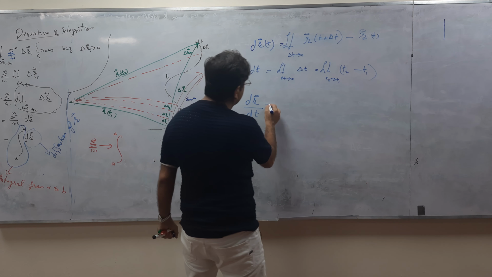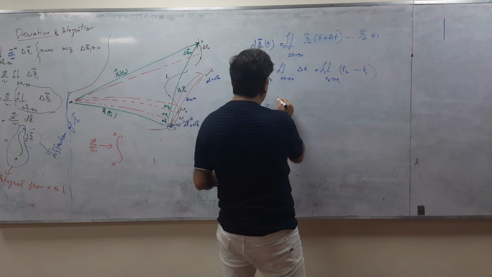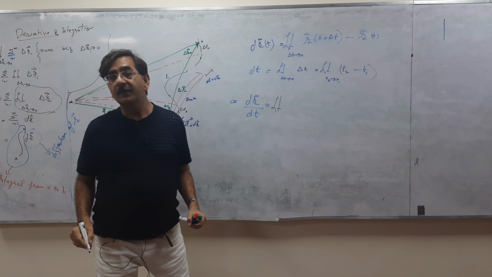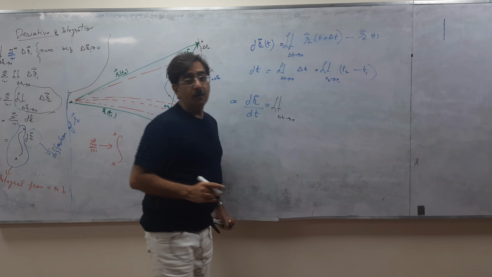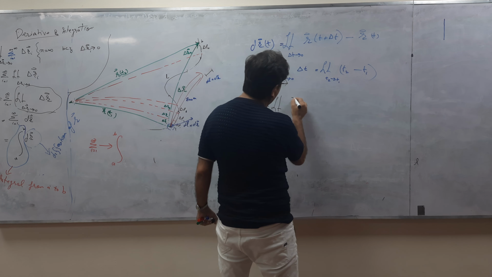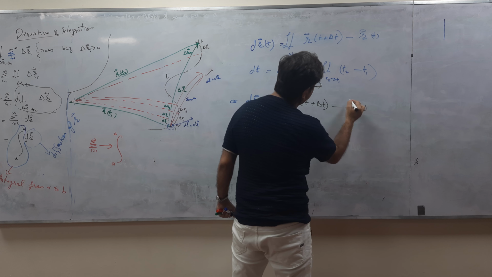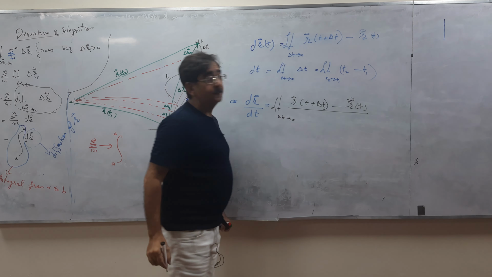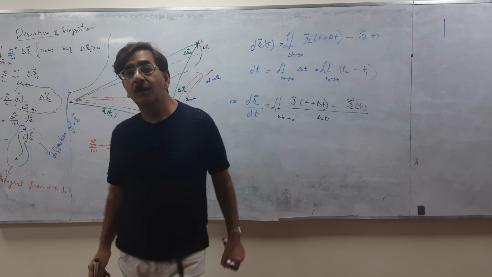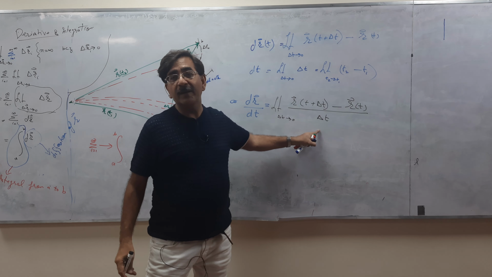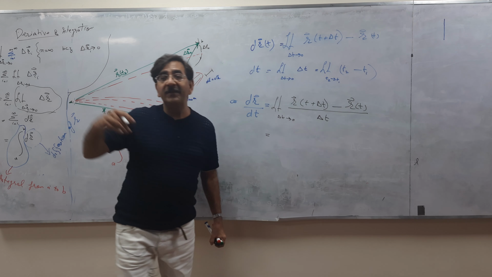That is the limit as delta t approaches 0 of r(t plus delta t) minus r(t), divided by delta t. The change of r with respect to time. Yes, infinitesimal small change. Yes, you are right.